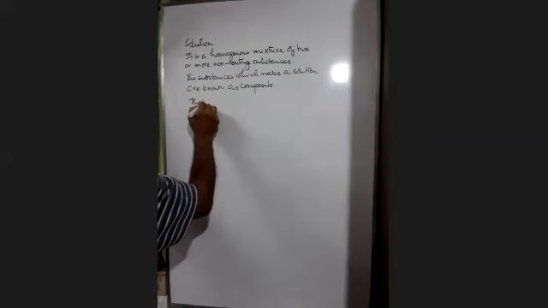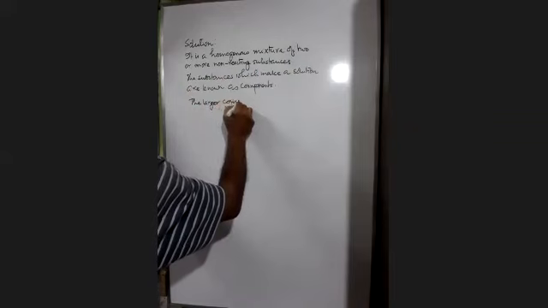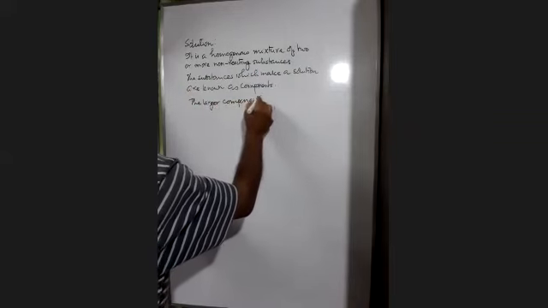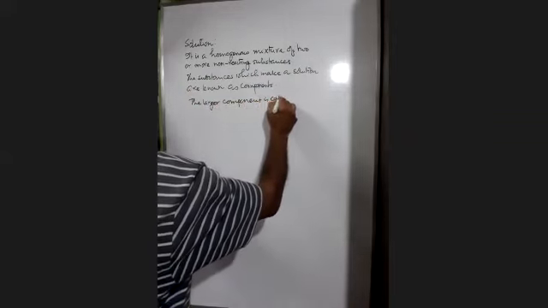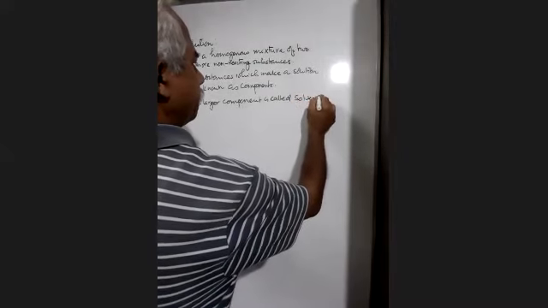The larger component is called, what do you call it? The larger component? Immediately reply. Solvent. Very good boy. What is your name? Sir, Purohit. Okay. The larger component is called solvent.